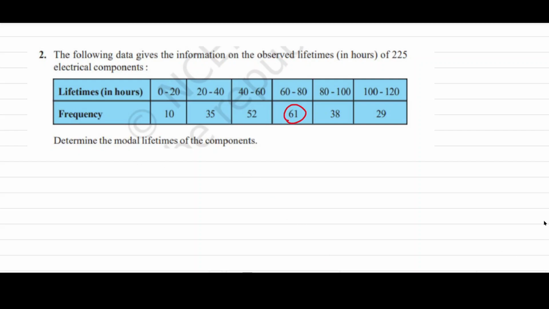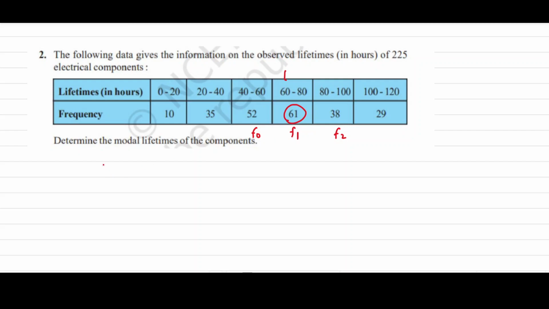Here the maximum frequency is given, and we will have to find out the modal lifetime of the components. So this is the maximum frequency, so this will be the modal class, and this will be L. If this is L, then this will be the frequency F1. Now this will be F0 and this will be F2.